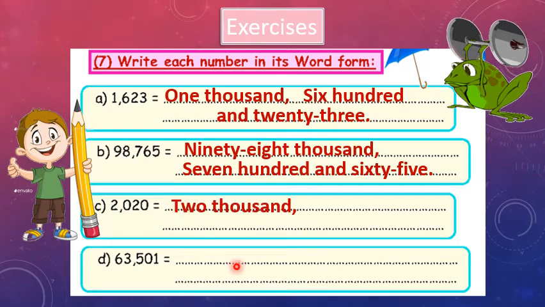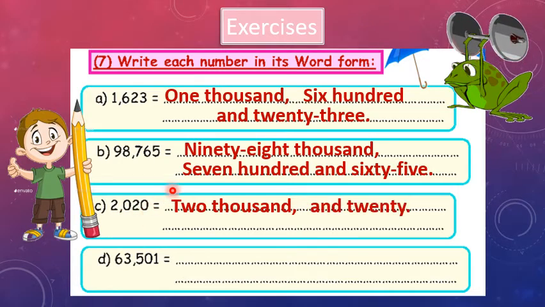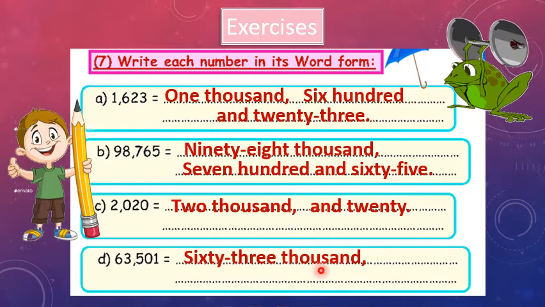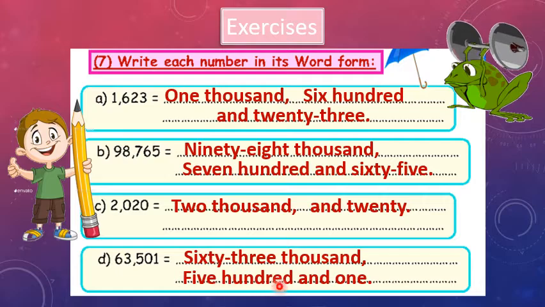It will be 2,000, and our comma, and 20. Then here we have the last one, ones, tens, hundreds, and our comma here. It will be 63,000, and our comma, and 501. It will be 501. Good job.